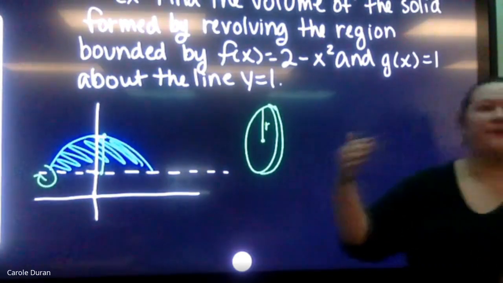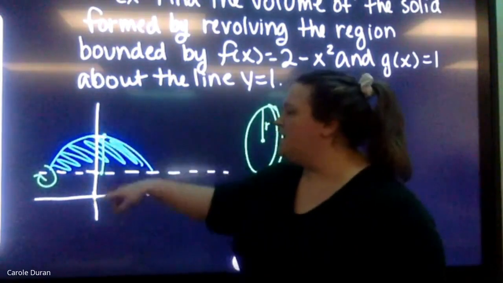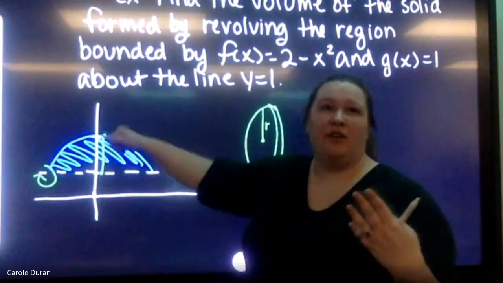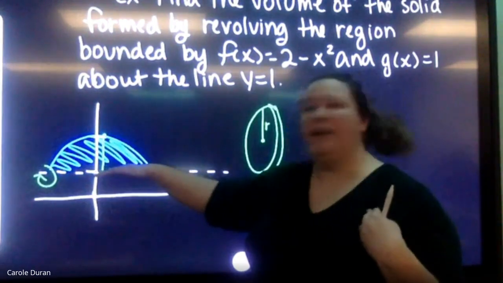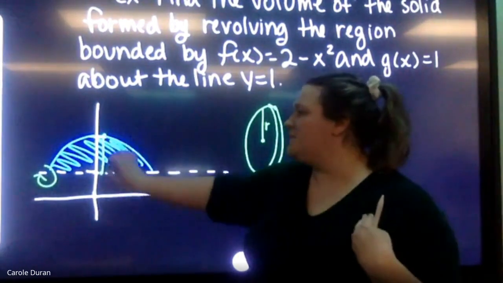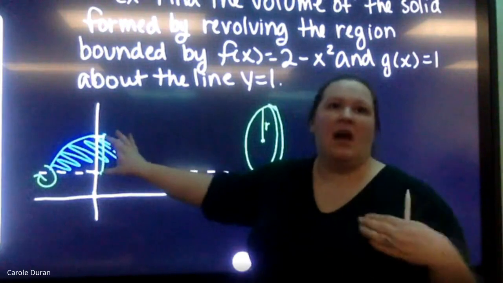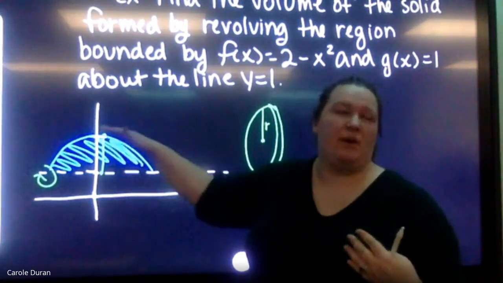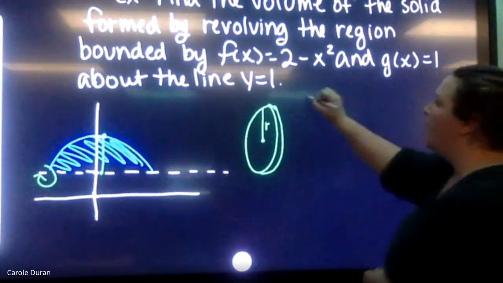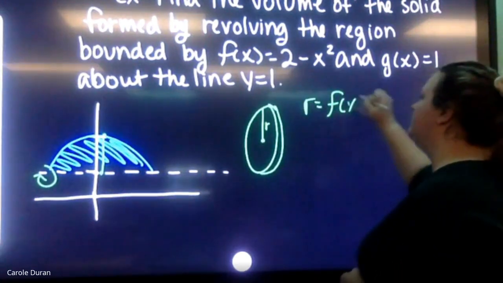If I just did f of x, it would technically give me the height from that point on the graph down to the x-axis. But this told me that I was bounded by 1. So I just want to find the distance between 1 and the top of my graph f of x. 1 here happens to be g of x, so we just do f of x minus g of x for my radius.